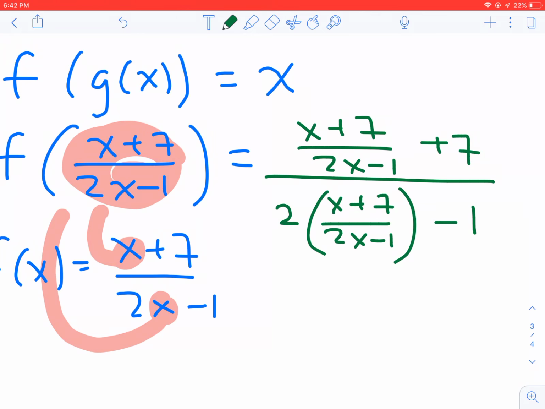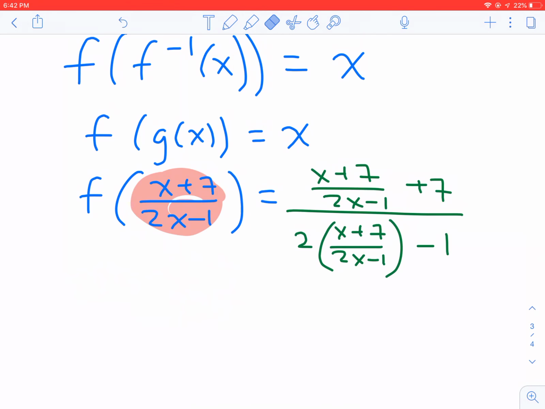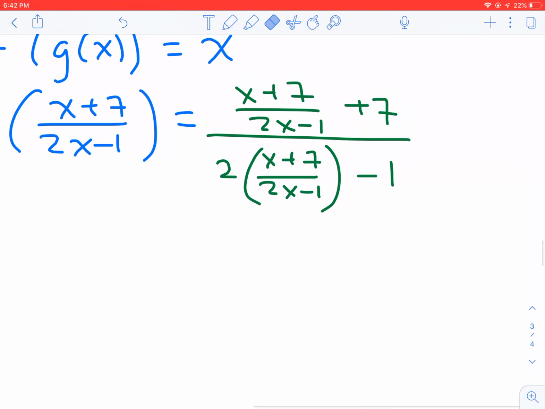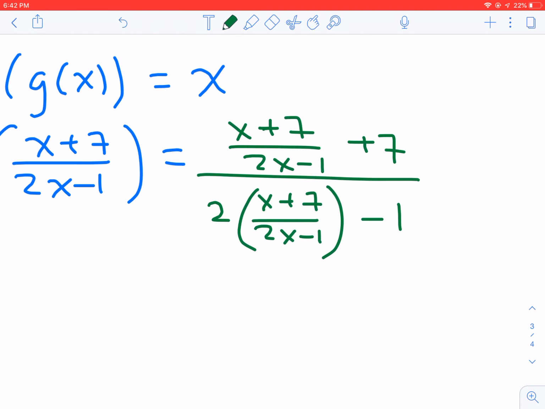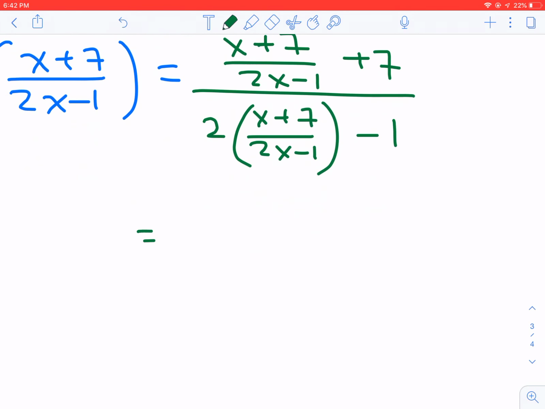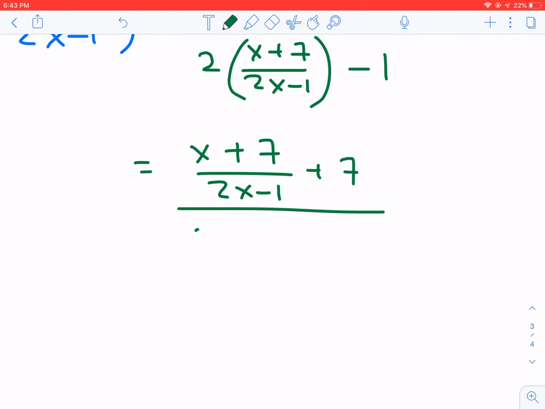So I'm sure this is bringing back some good memories. We got some complex fraction here. So I'm going to do it by multiplying everything by the LCD of the top and bottom fractions. But before we do that, I just want to distribute out that 2 on the bottom, make that 2x plus 14 over 2x minus 1 minus 1.